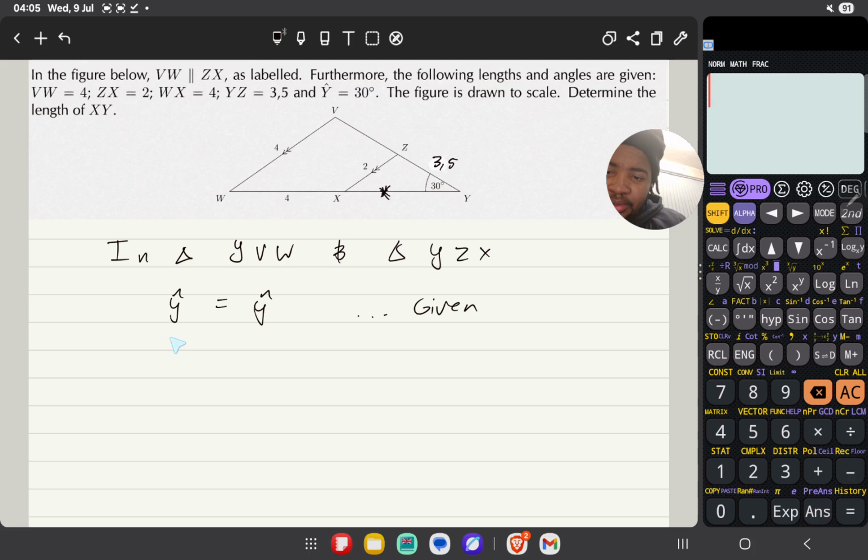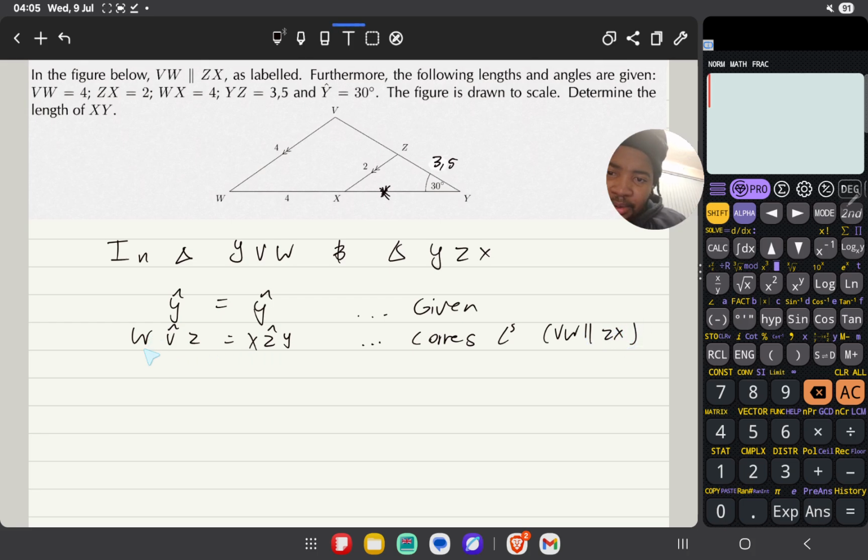Then angle WVZ will be equal to angle XZY, corresponding angles, VW parallel to ZX.